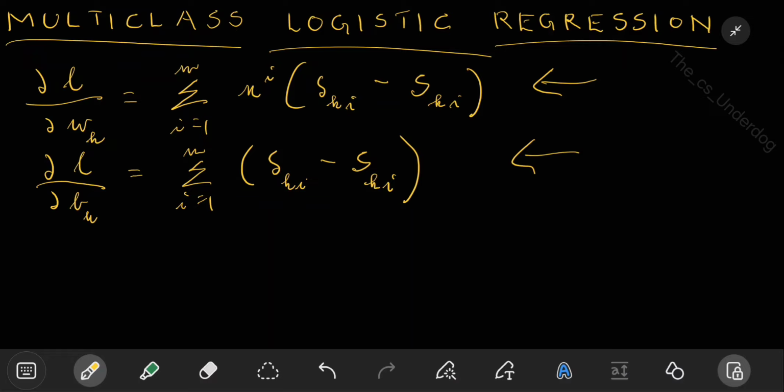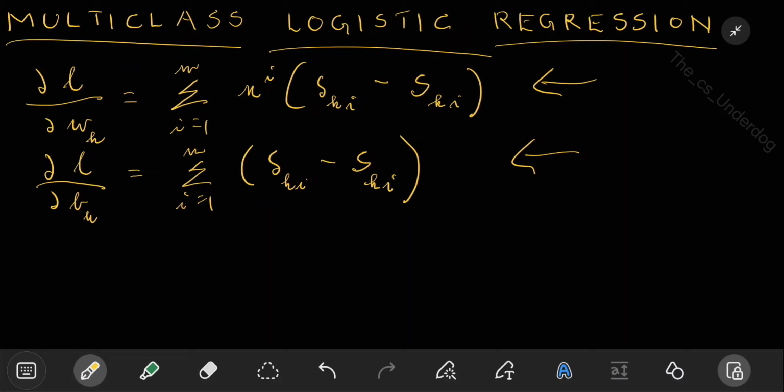What is the final step? In logistic regression, like we did in binary logistic regression, we want to find, by the gradient descent method, the exact or optimal values of the W's. So how will you find WK?